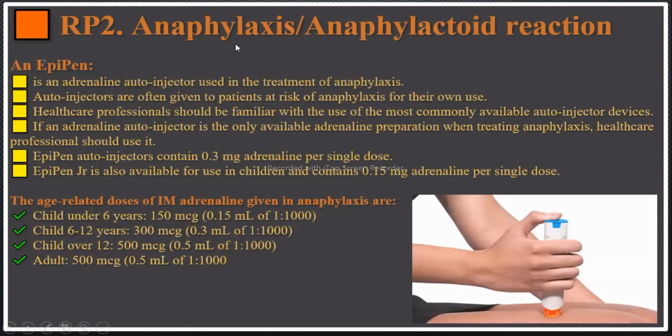Okay, presentation number 2, anaphylaxis, anaphylactoid reaction. So you have to be familiar with EpiPen. It's an adrenaline auto-injector used in the treatment of anaphylaxis. Sometimes, when the patient is injecting himself, he will inject in his thumb.